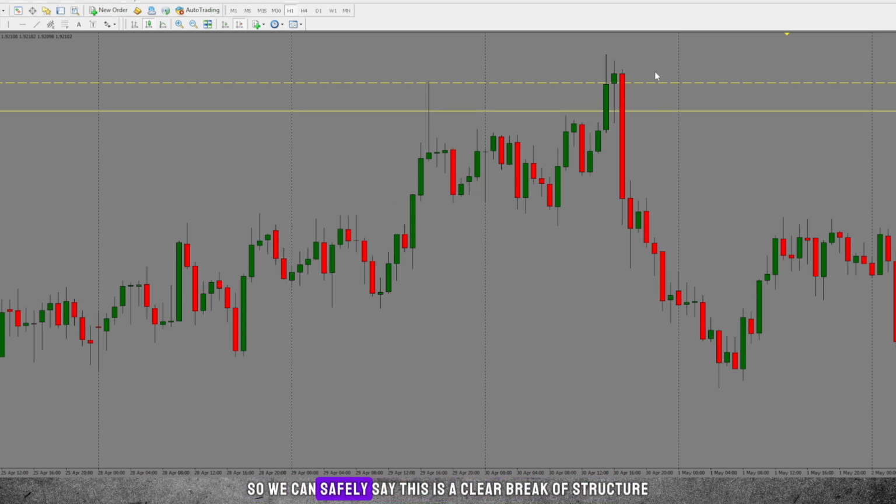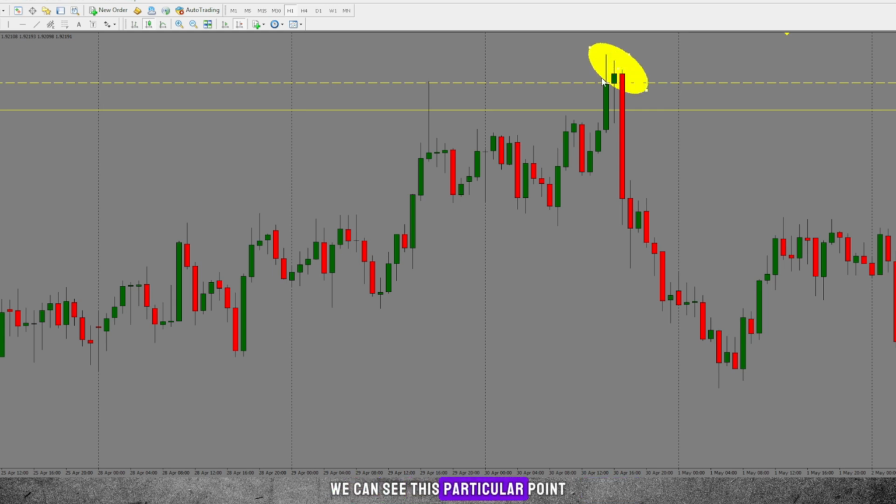So we can safely say this is a clear break of structure, a clear liquidity grab that was issued by the market makers. We can see this particular point, which is basically to take out the stop losses as well as to induce traders to go long and trigger all the pendings that were above, for breakout traders.